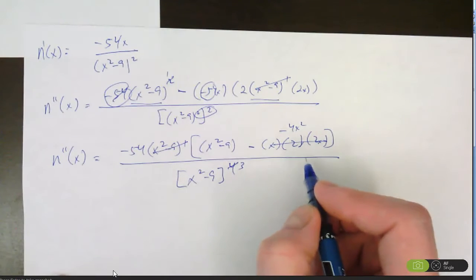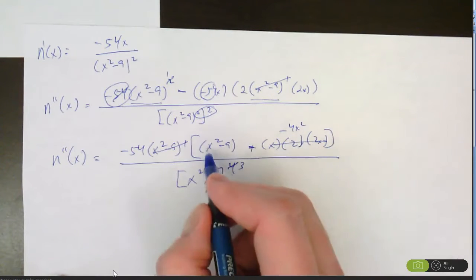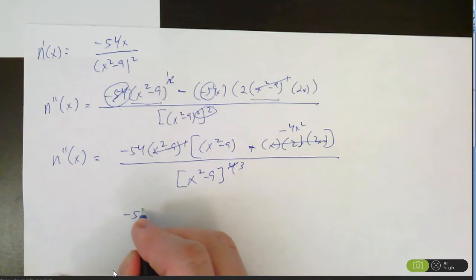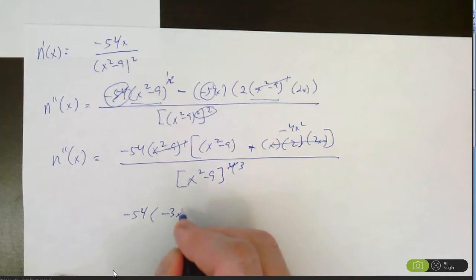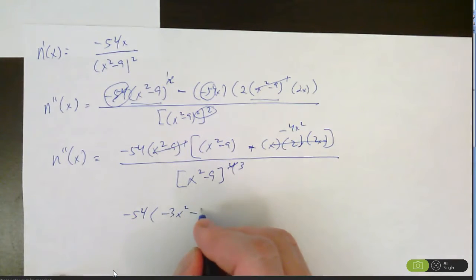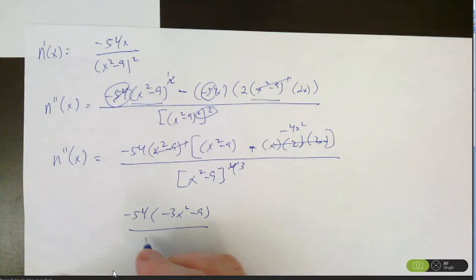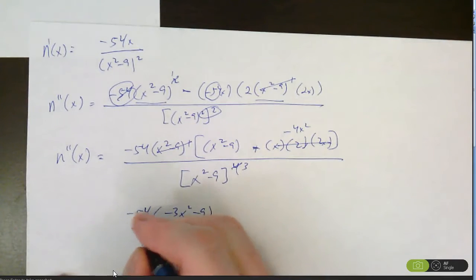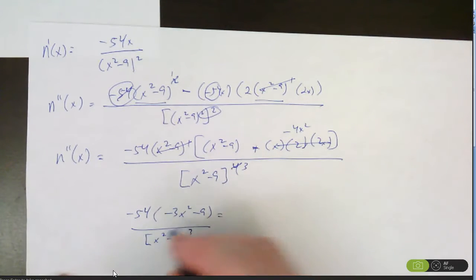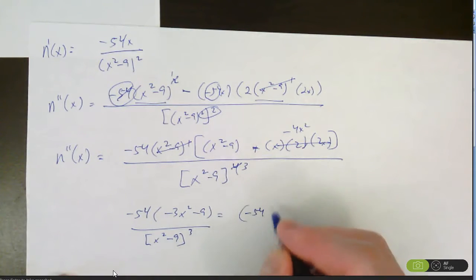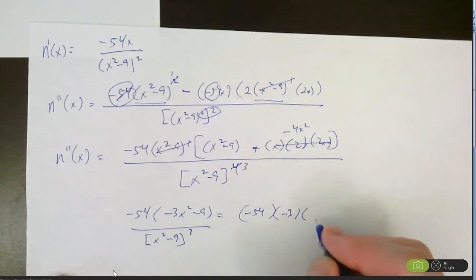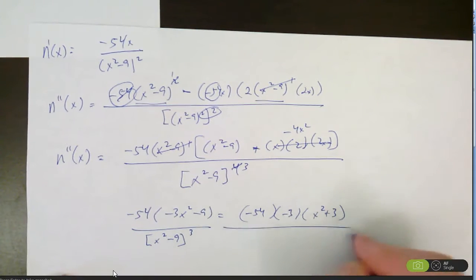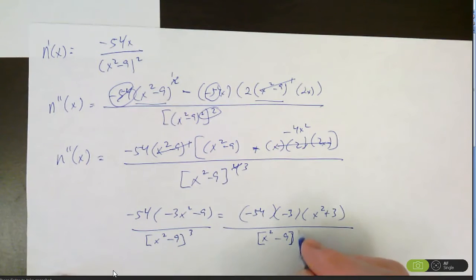And then when I have this be minus 4x squared and 3x squared, that's negative 3x squared minus 9 over x squared minus 9 cubed. And you might catch one more thing. If I think of taking out a negative 3 on top, which I can do, I get x squared plus 3 all over x squared minus 9 cubed.